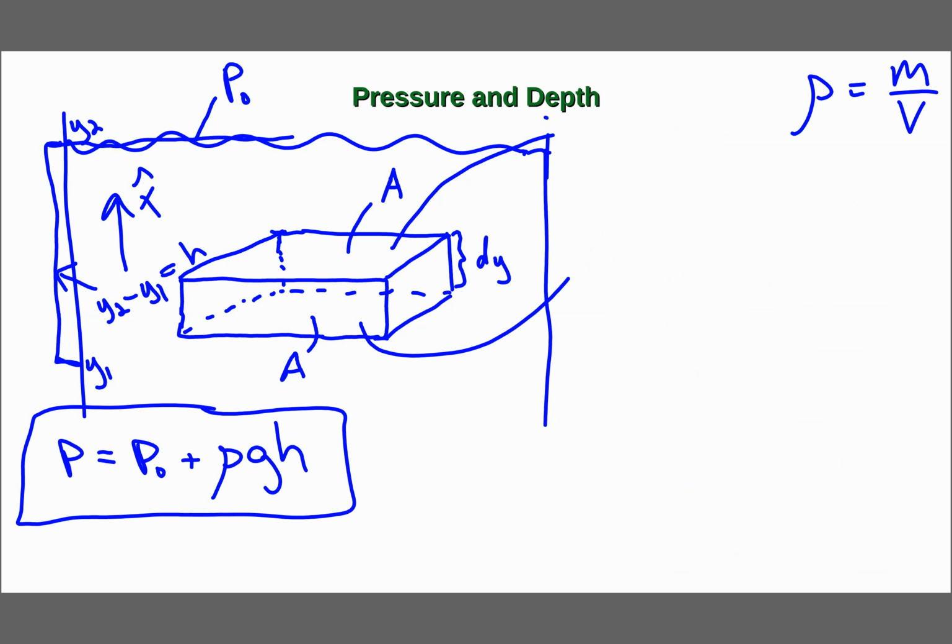And this is the equation that I want you to write down and remember for later use, okay? This one gives us the pressure of a fluid based on our depth in that fluid. P equals P naught plus rho GH.